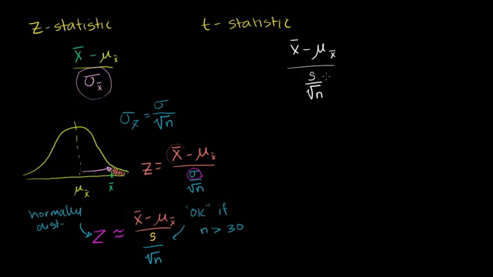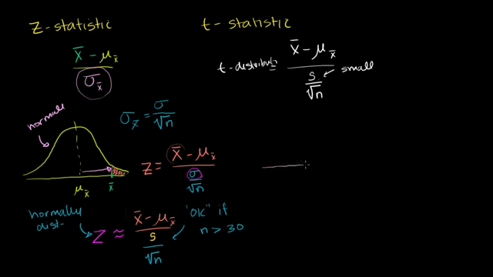If it's not, if this is small, then this is going to have a t distribution. And then you're going to do the exact same thing you did here, but now you would assume that the bell is no longer a normal distribution. So in this example, it was normal. All of the z's are normally distributed.